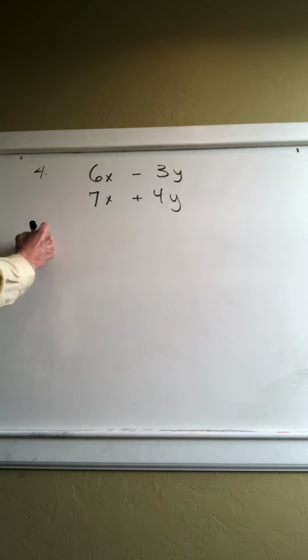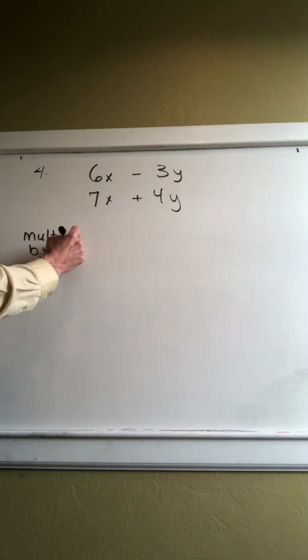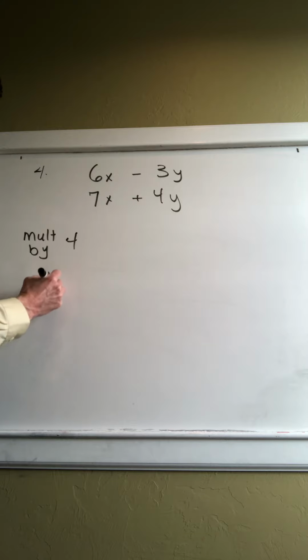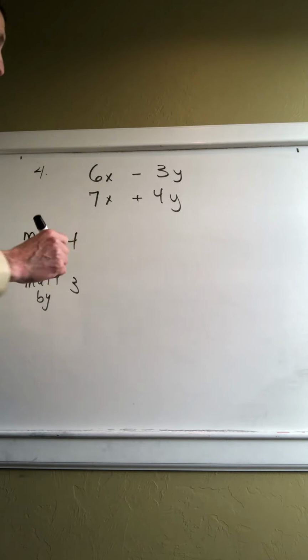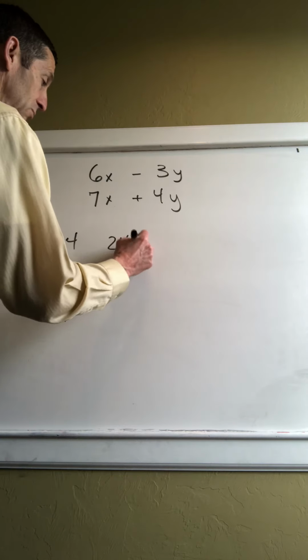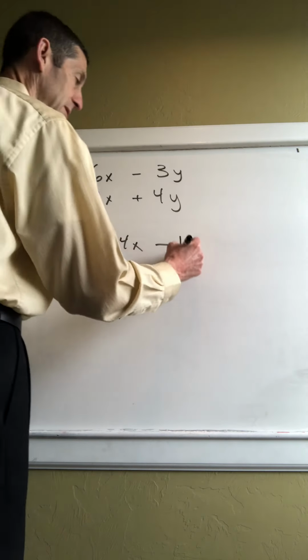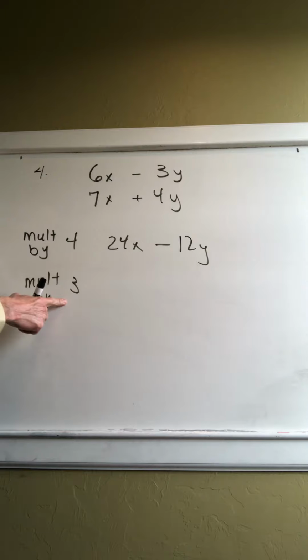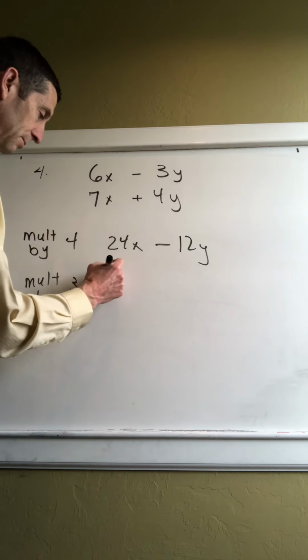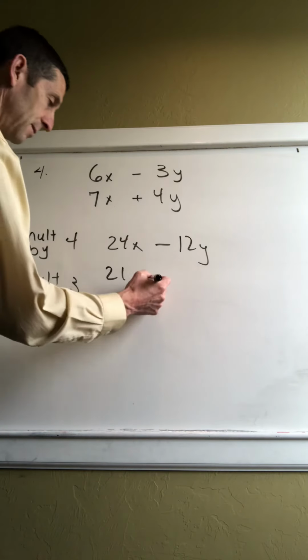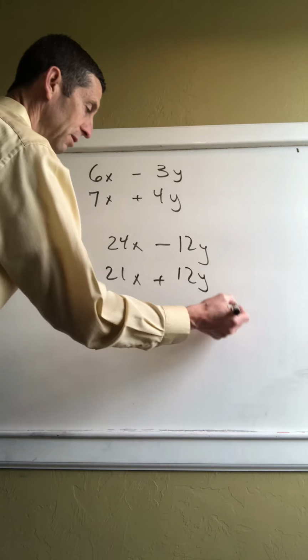So here we go. Multiply the top row by 4. We're going to multiply the bottom row by 3. So across the top, times 4 becomes 24x. 4 times 3 is 12y. The bottom equation, we hit it times 3, becomes 21x plus 12y.